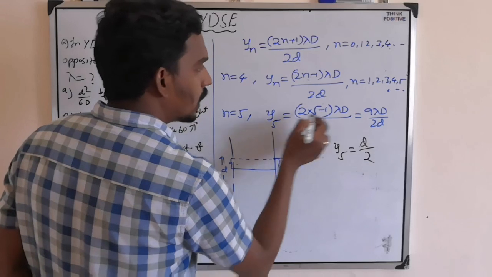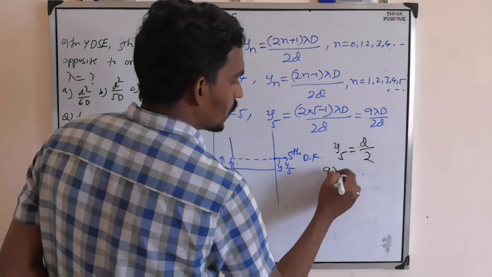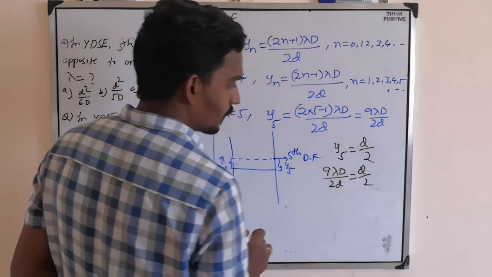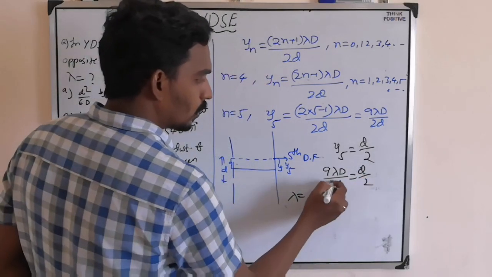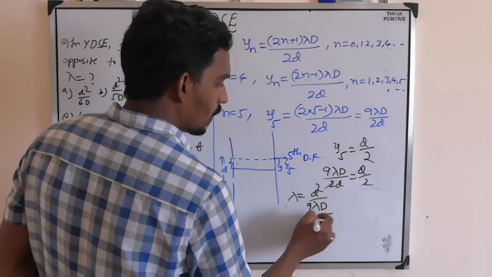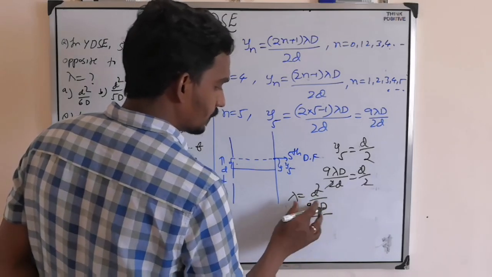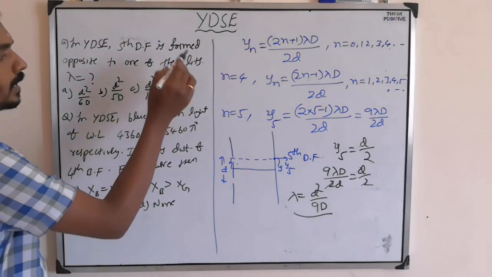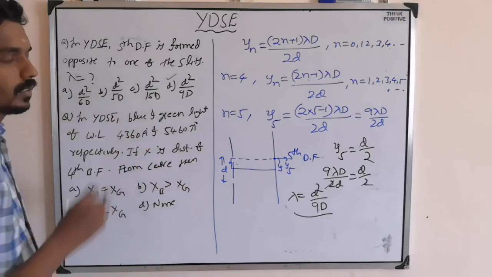So we already found y5. So 9 lambda D by 2d equals d by 2. So lambda equals, 2 cancels, d square by 9D. So d square by 9D is the correct option.